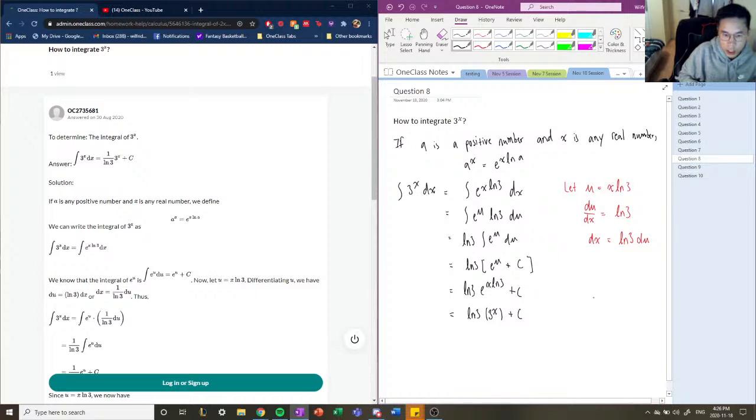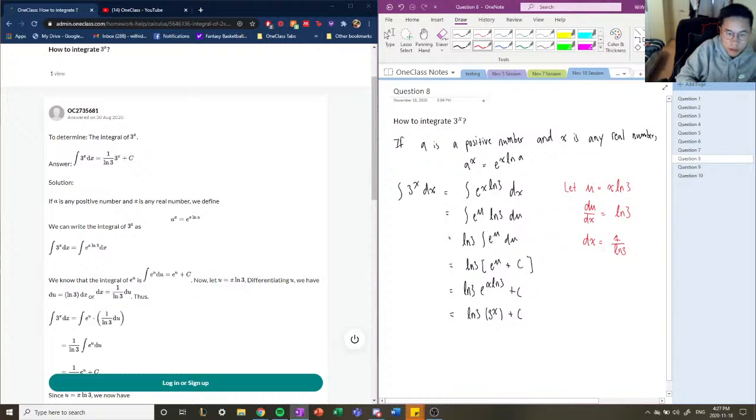I think I did something wrong here. Yeah, when I isolate for dx, this shouldn't be this. It should be dx equals 1 over ln 3. That's why.